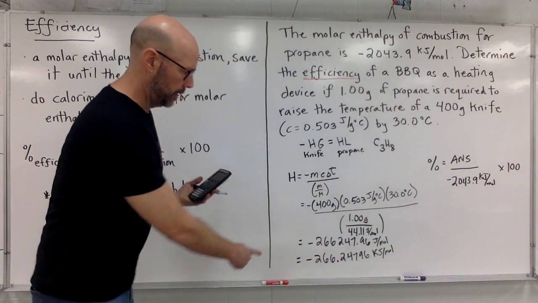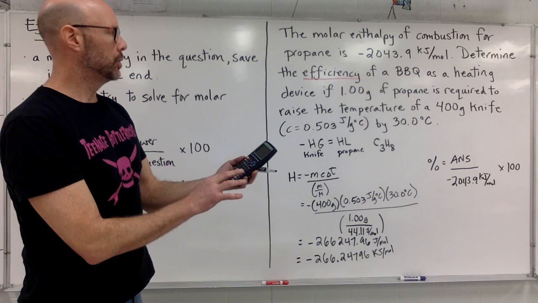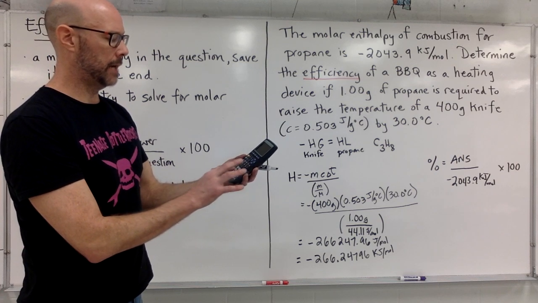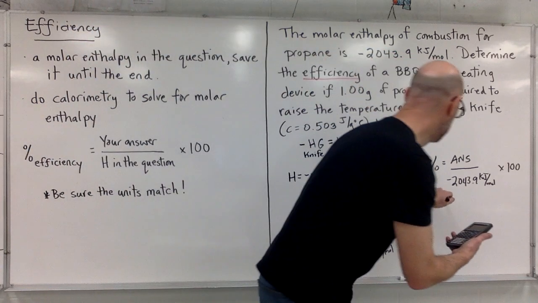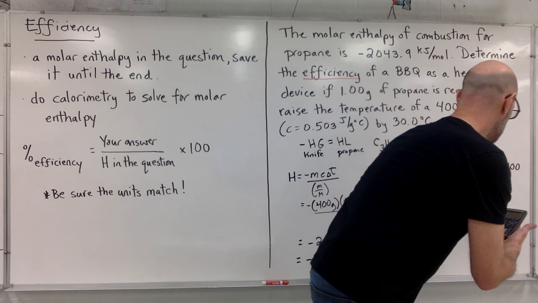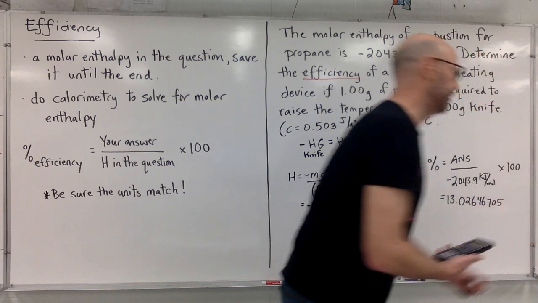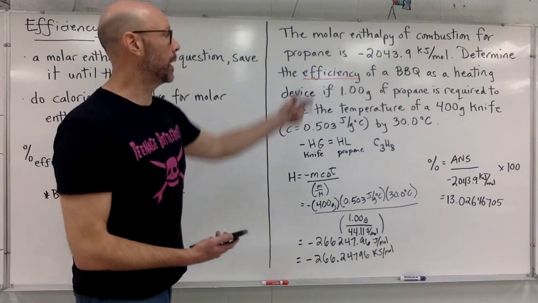So this answer is still just on my screen, and now I'm going to divide by 2,043.9 times 100. What did I get? 13.0264670. A raw answer.